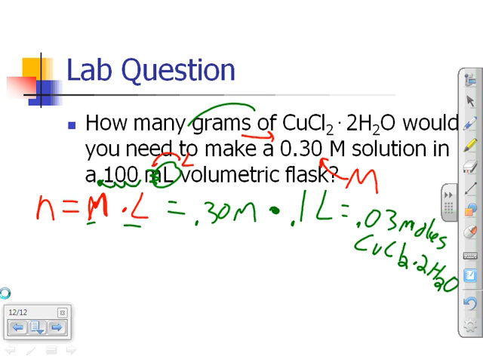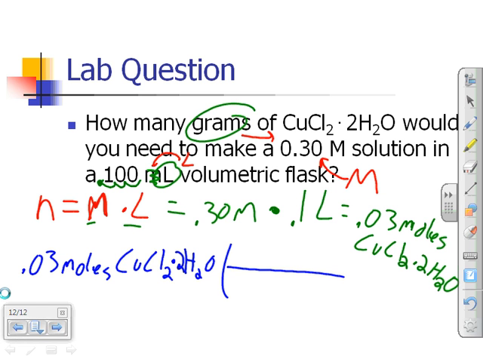What we're looking for is grams. So when you calculate that out, you're given moles of copper 2 chloride dihydrate, CuCl2·2H2O. We need to put moles in the denominator, and we need grams in the numerator.